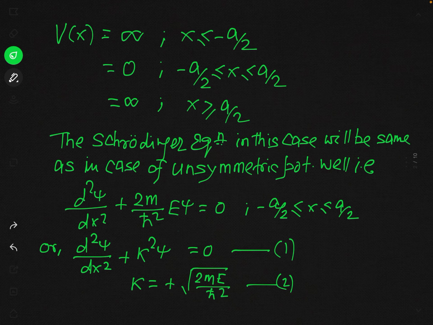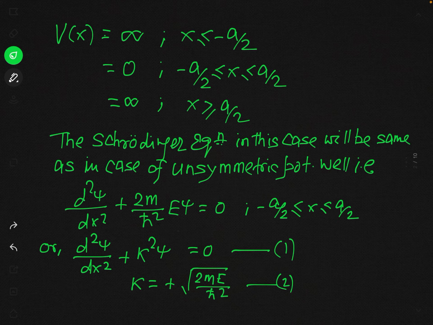So I have defined the potential distribution for a symmetric potential well in this way: V of x equals infinity for x less than or equal to minus a by 2, it is 0 when minus a by 2 is less than or equal to x and x is less than or equal to a by 2, and it is again infinity for x greater than or equal to a by 2.